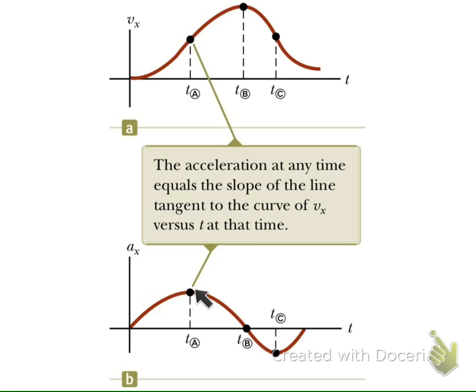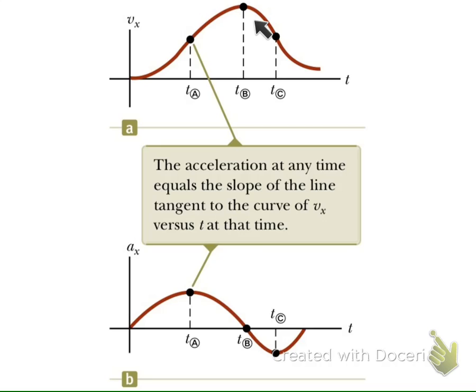So on the left of A, Ax increases, and on the right of A, Ax decreases. If we look at the slope of Vx before point A, the slope is increasing, but on the right of point A, the slope is decreasing. So the change of the slope here represents the change of the value of Ax.